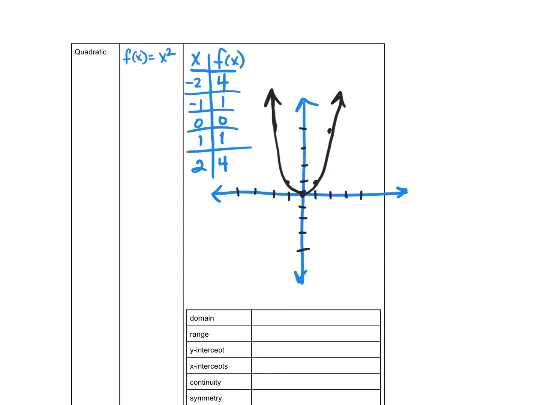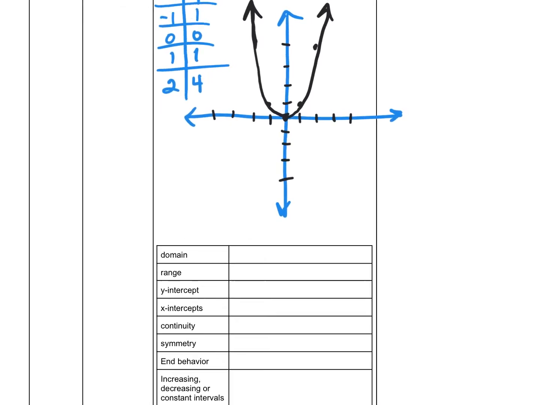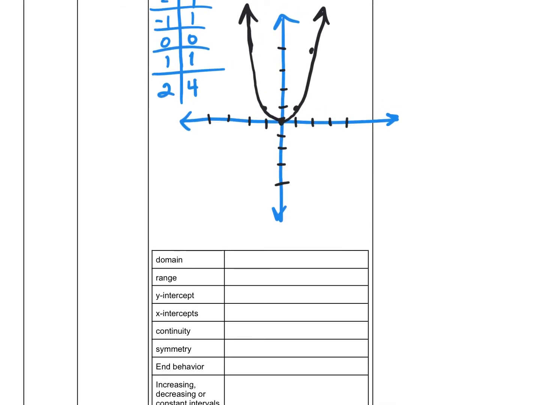All right. So, what is the domain? Thank you. Yes, thank you, Nick. It is all real numbers. From negative infinity to infinity. However, what is the range? This is the first time we've seen a range that's not all real numbers. From where?